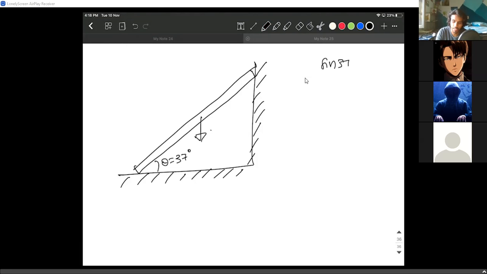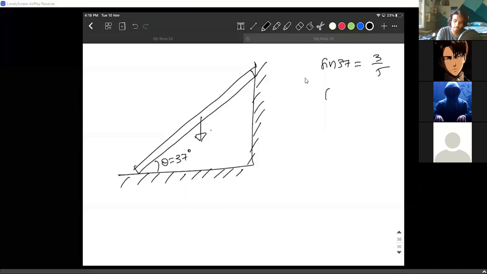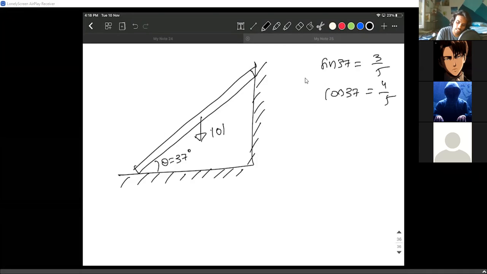I'm writing them anyway. Sine 37 is 3 by 5. Cos 37 is 4 by 5. This is a 10 kg ladder. Find the mu required here so that the ladder is stable. That is the question.